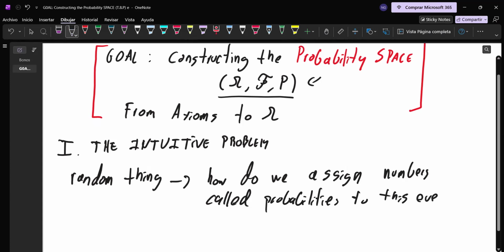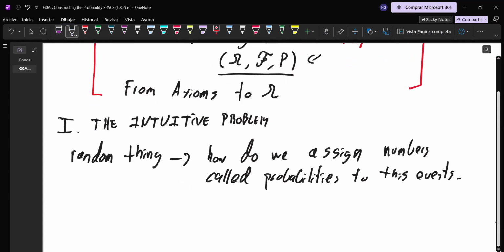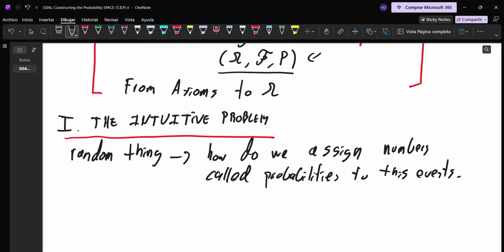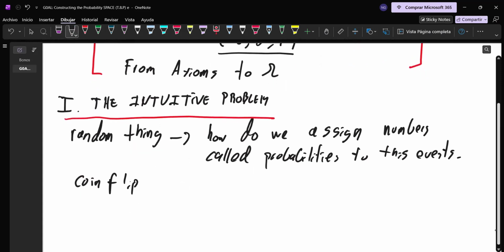So I have, for example, a coin flip. This is the coin flip, and I have two options. I have H and T, or 1 and 0, I don't know.